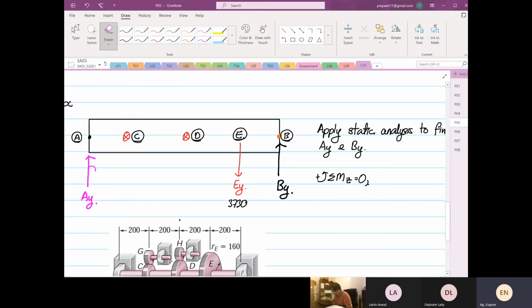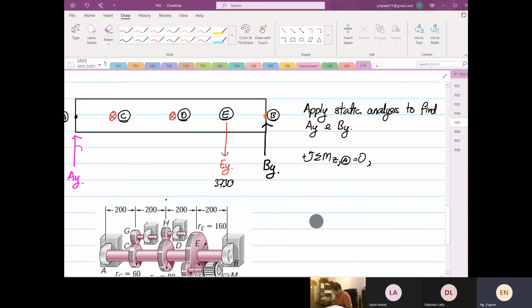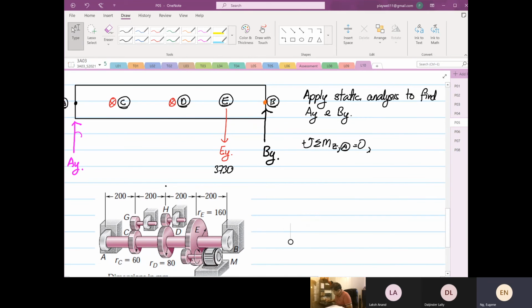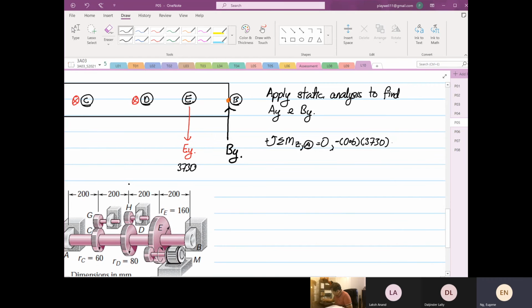We are going to take moment at point A. I do apologize. So we know that from A to E is 0.6 meters. It's in the clockwise direction, so minus 3730, then plus 0.8 multiplied by BY.